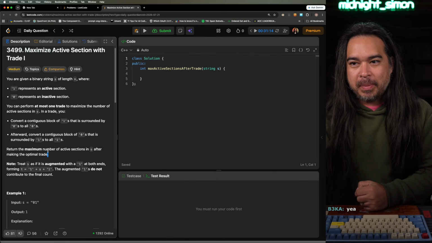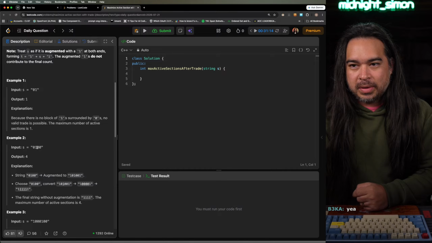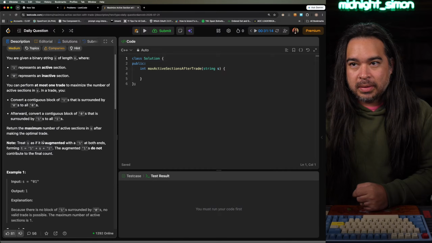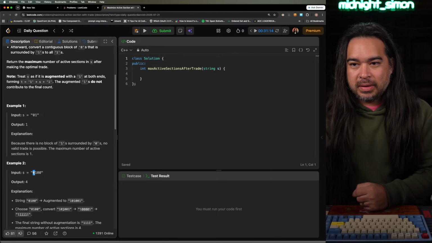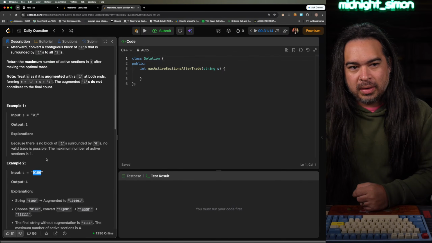So we're trying to maximize active sections. In this case, you can't do anything. In this one, I guess this is surrounded, so I guess you turn that one to a 1. You turn that one to ones, and then everything can be.